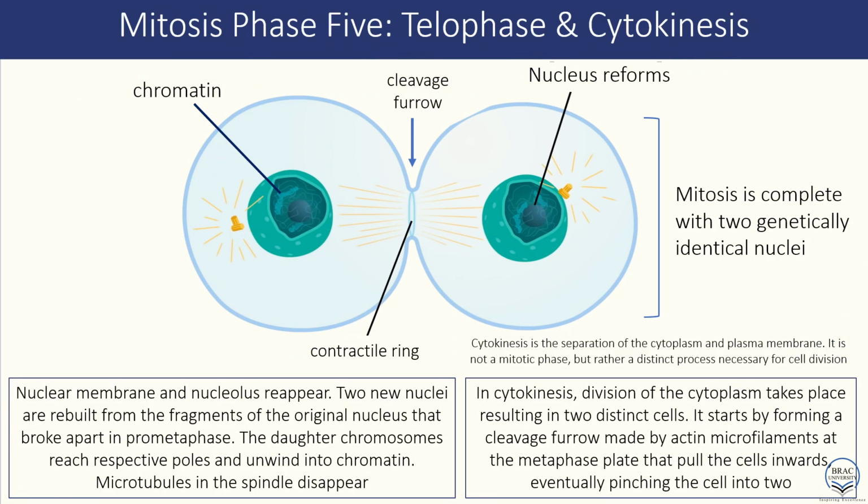So at the next phase, which is the telophase, the main characteristic is this portion. In the middle, there's the cleavage furrow. If you can see this structure, those are mainly the microfilaments, if I'm not wrong.